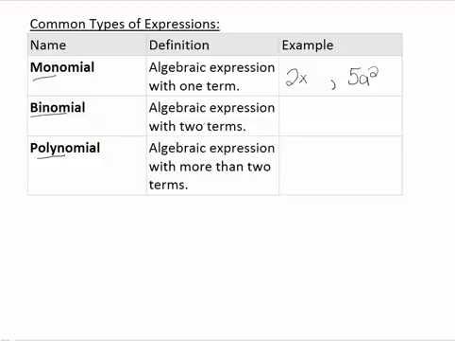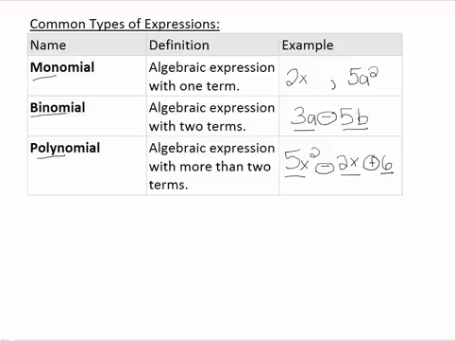A binomial, an algebraic expression with two terms, would be for example 3a minus 5b; we have two terms separated by a minus sign. And a polynomial, an algebraic expression with more than two terms, would be for example 5x squared minus 2x plus 6. Again, we have more than two terms, each separated by an addition or subtraction sign.